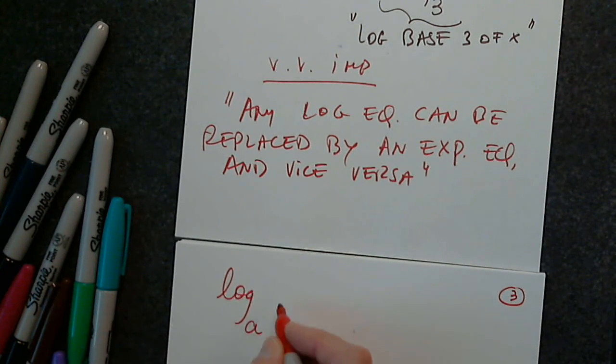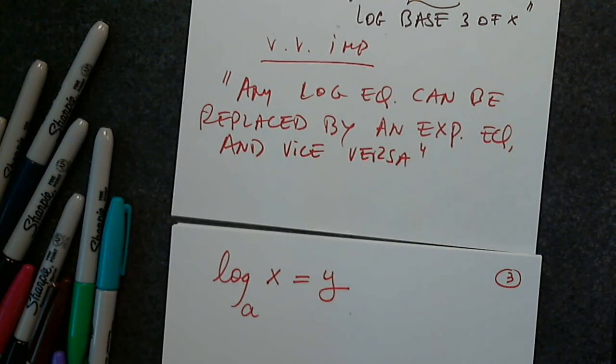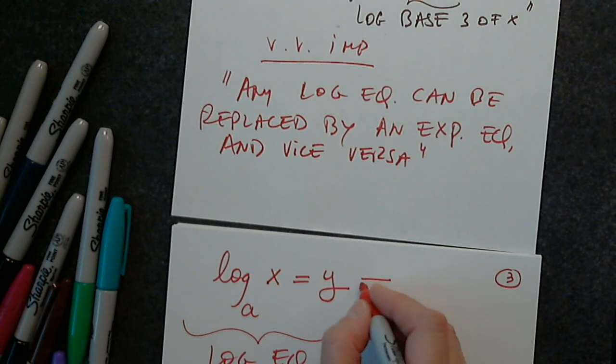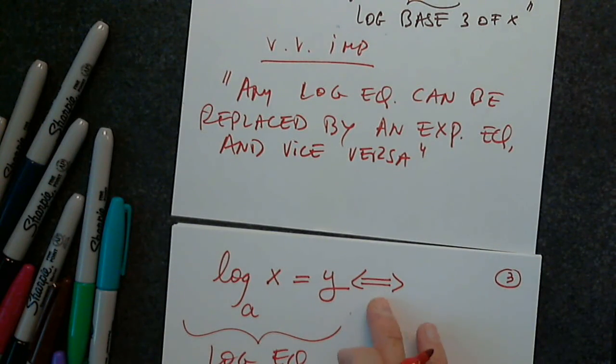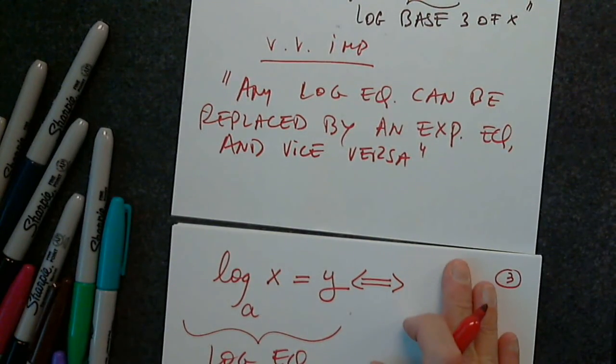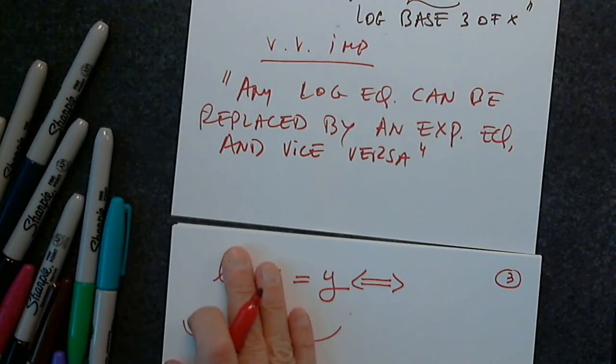Log base a of x is a number y. This is a log equation. Then we write the double equivalency symbol. What does this mean? It means that if I start here, I get that. And if I start from here, I get this.